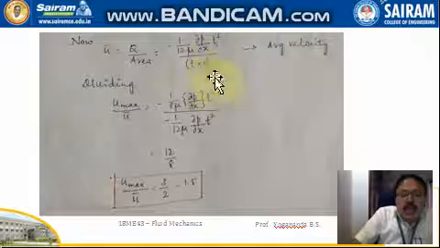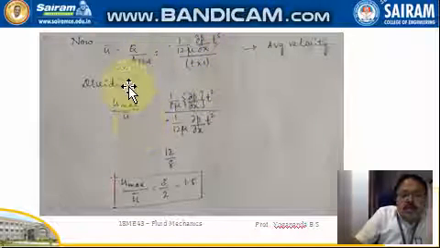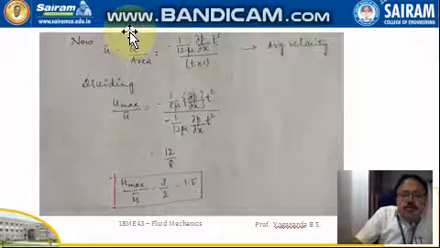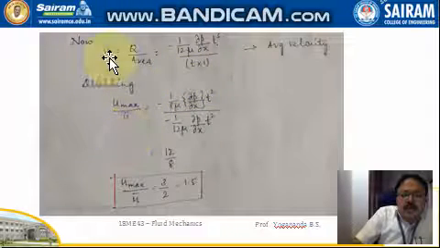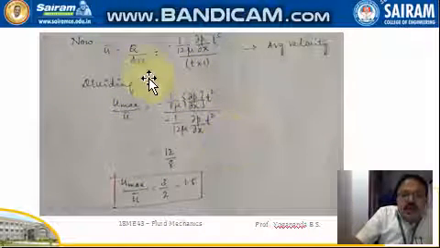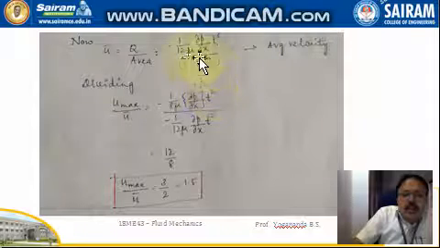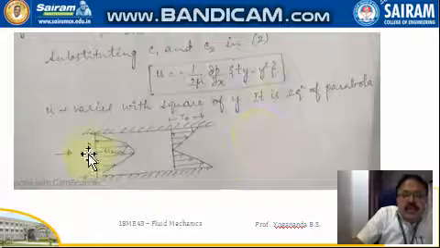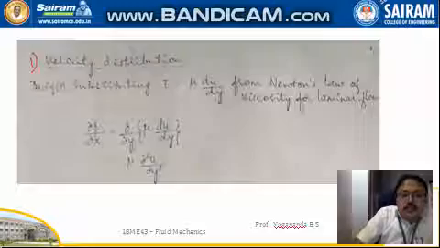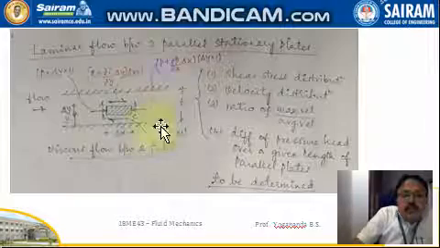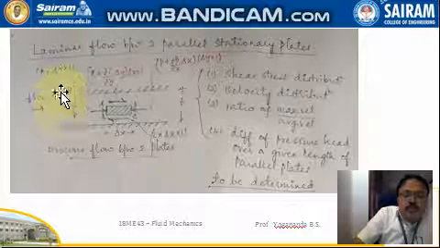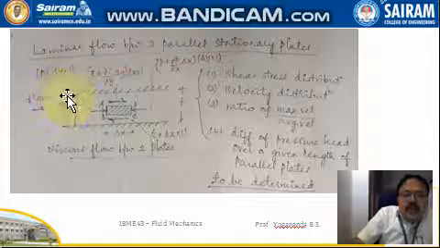Now we are taking the area for the entire flow between the two plates. The distance between the two plates is t, and we are taking the flow through the two stationary plates, which are parallel to each other. The area under consideration is t into 1. If you refer to the sketch, here we are taking the flow between these two plates.